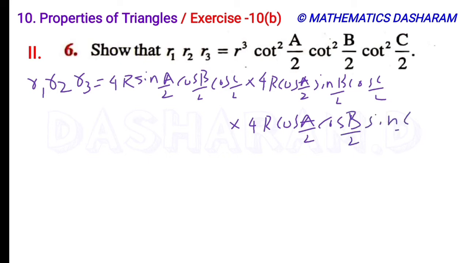sin C by 2. Now what I am doing is dividing with R cube.